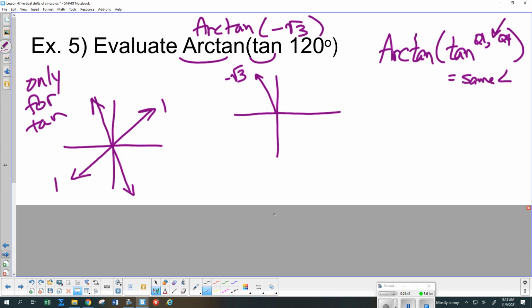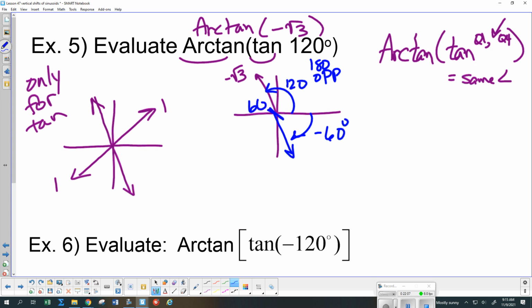Well, when I've restricted it, I can't go in quadrant 2. I know I have to come over here, and it is going to be my negative 60 degrees. It is exactly 180 degrees opposite. If this was 120, this was 60, and these two were vertical angles, so that's how I've got the negative 60 in there.